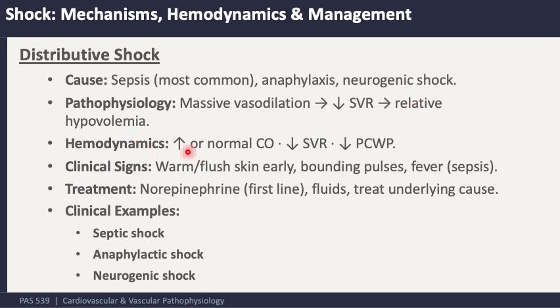So with your hemodynamics, you have increased or normal cardiac output, but you have decreased SVR and decreased PCWP. Clinical signs: warm, flushed skin, early bounding pulses, then fever. Treatment: norepinephrine is the first line, fluids, and then treat the underlying cause. Clinical examples include septic shock, anaphylaxis, and neurogenic shock.